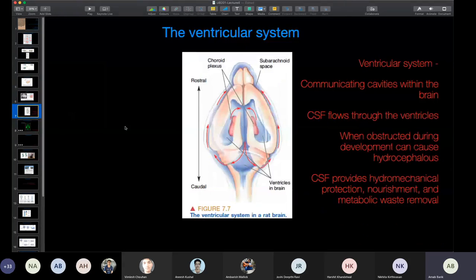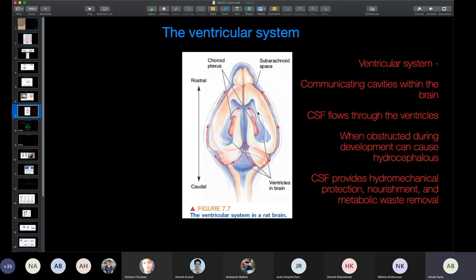And then you have the ventricular system. The ventricular system is these canals, or fluid-filled cavities, if you may say, sitting inside the central nervous system, and it's collecting fluid from the blood vessels and the nutrients, the actual components that the nervous system needs to function.